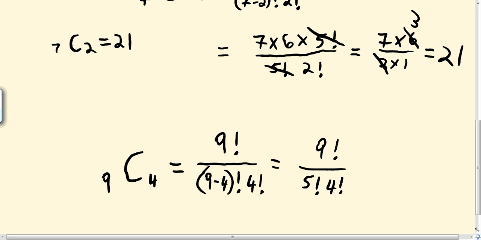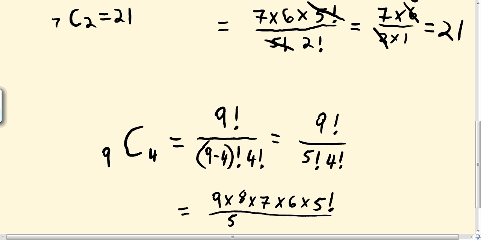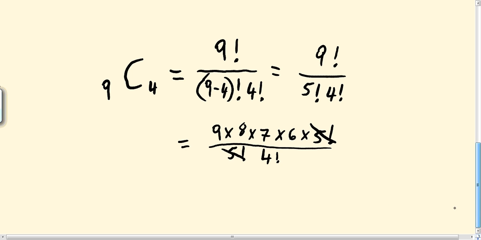So let's see here. We have 9 factorial is 9 times 8 times 7 times 6 times 5 factorial divided by 5 factorial times 4 factorial. We can simplify. The 5 factorials would cancel out. Let's see. And let's expand that 4 factorial.